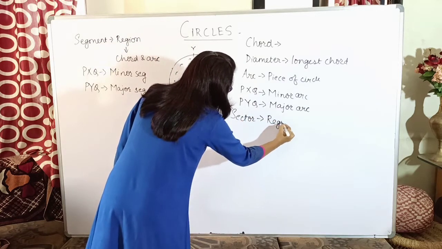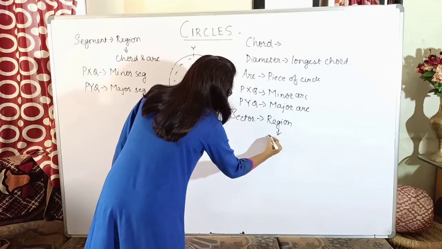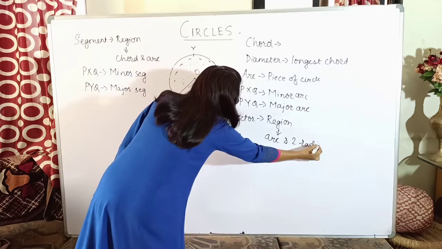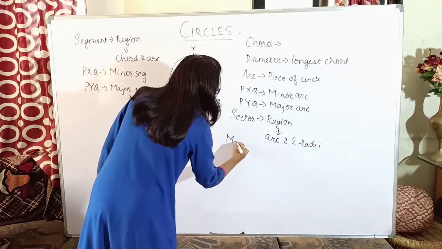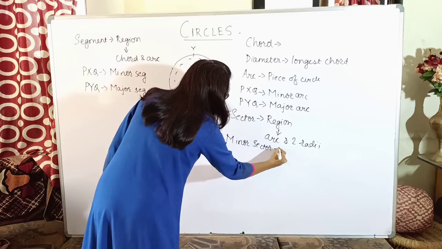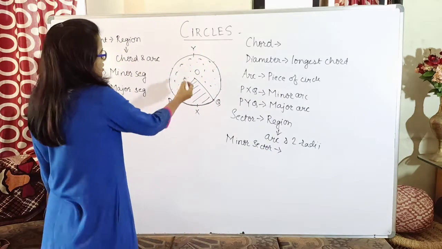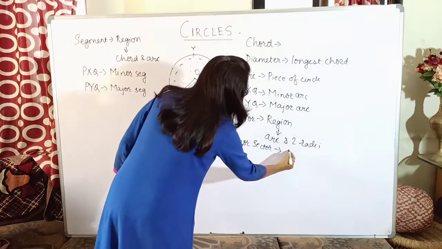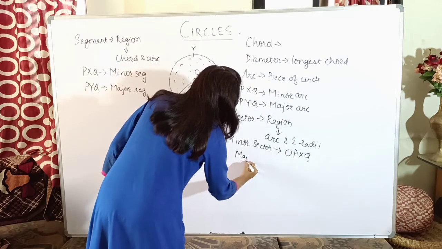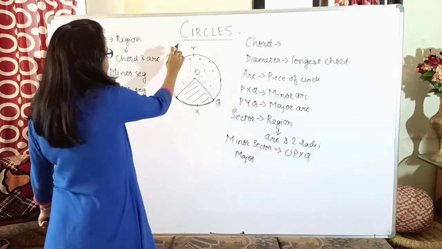It is a region between arc and two radii. Similarly, minor sector, again depending upon the area, OPXQ. And what will be the major sector? It will be OPYQ.